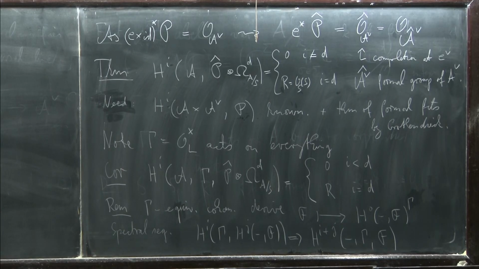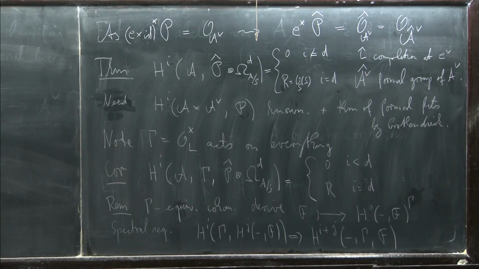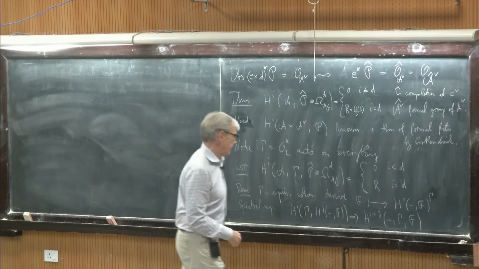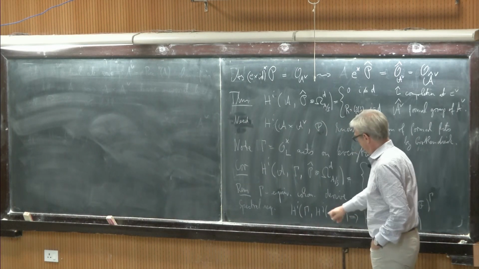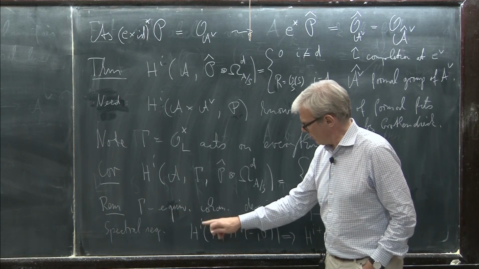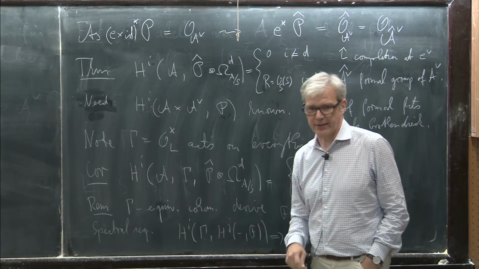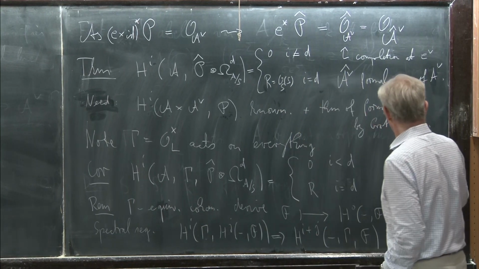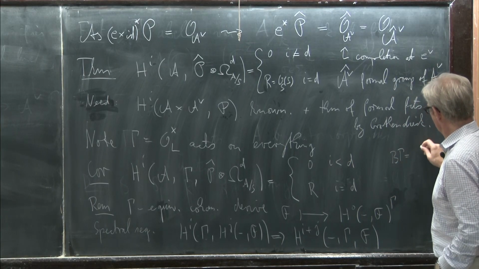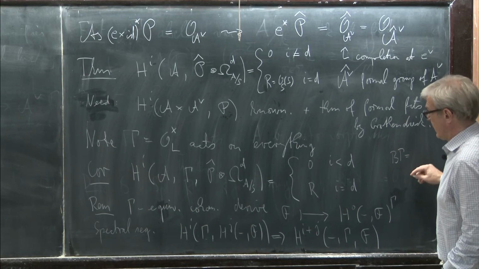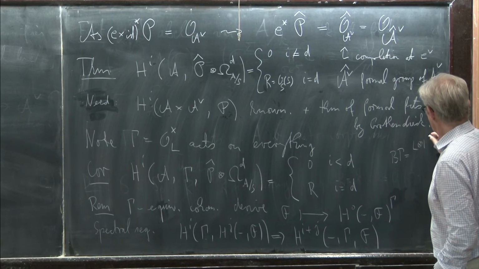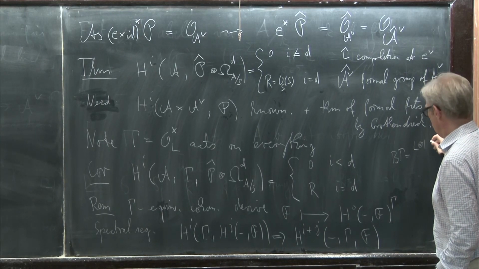In a certain sense, this is what you need. So if your group is nice enough, then you can, of course, always compute the group cohomology by looking at the topological singular cohomology of the classifying space of the group. And the classifying space, B gamma, in the case of the units, you have to be a little bit careful here. This would be something like L tensor, we have to be careful.